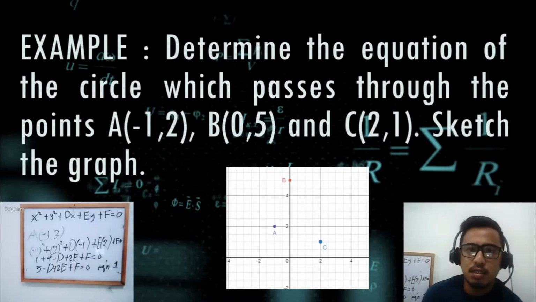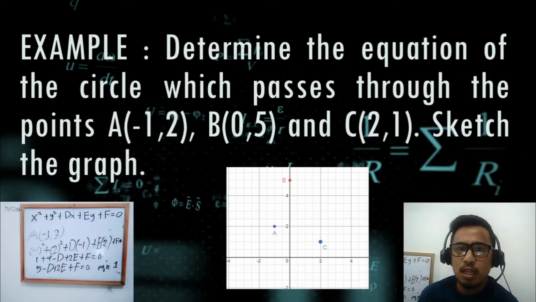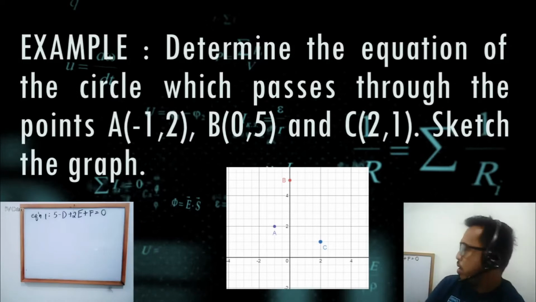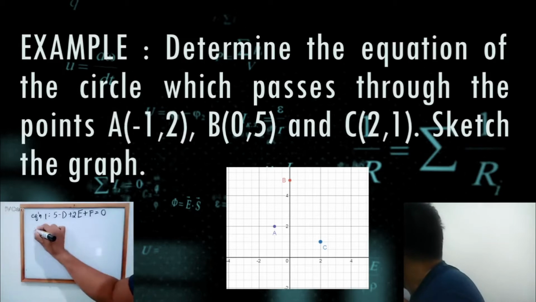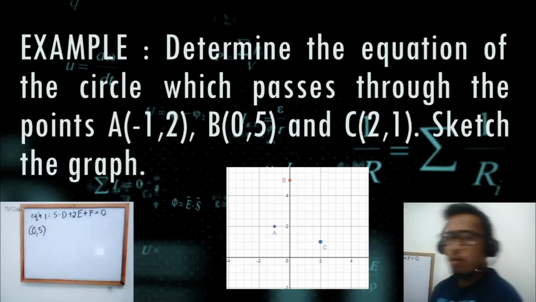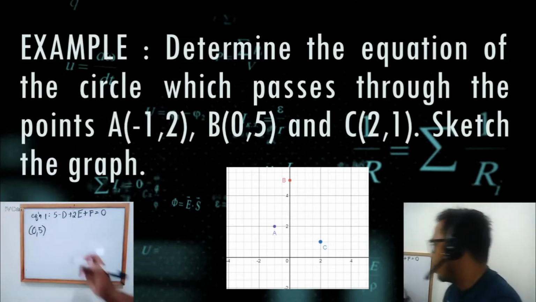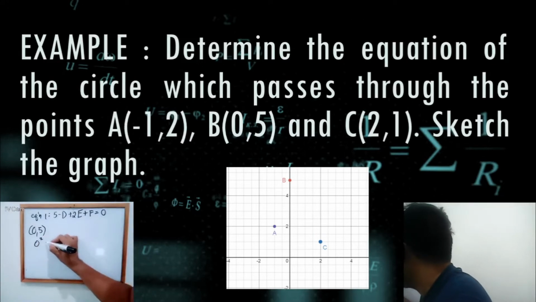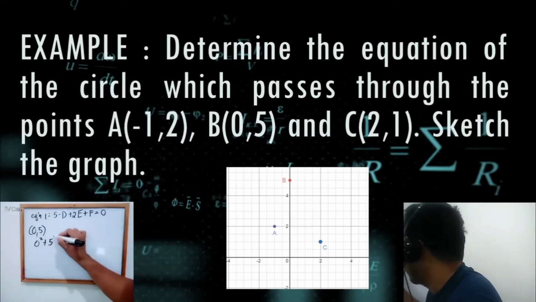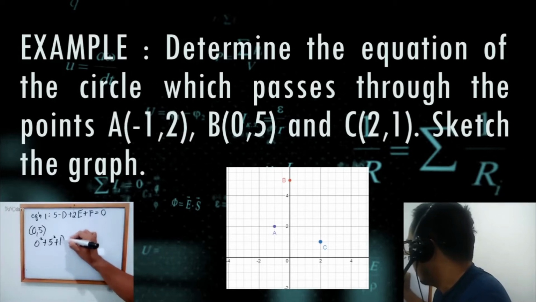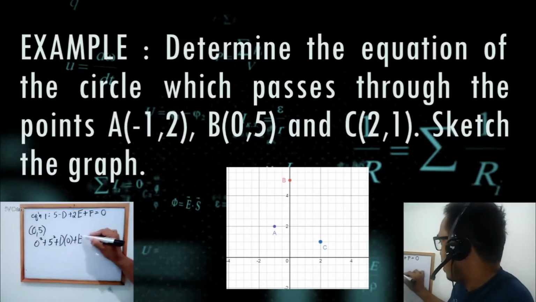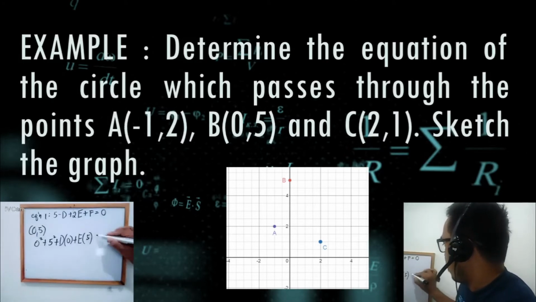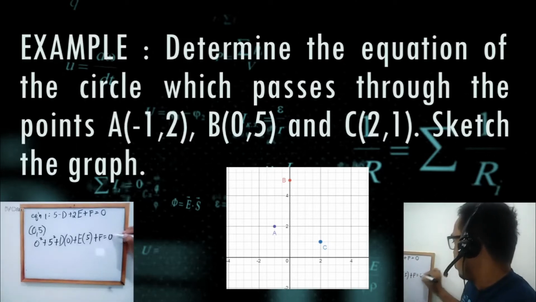Next, we will be using the next point, (0, 5). So you have 0, 5. Again, we will substitute it to our general form. So you will have 0 squared plus 5 squared plus D times 0 plus E times our y, which is 5, plus F equal to 0.